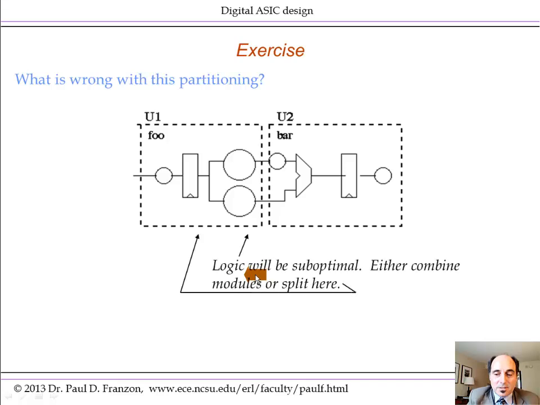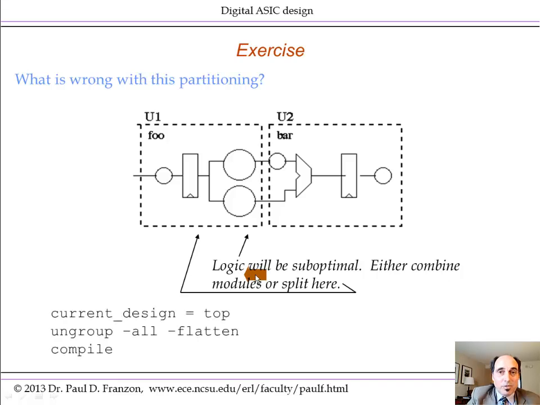Current design equals top, assuming these were instanced in top. Ungroup -all -flatten, compile. Ungroup -all -flatten just takes a hammer and flattens out all the hierarchy. The other place you might use ungroup -all -flatten is when you have a design where, within a module, replace -synthetic doesn't work, which occasionally it doesn't for some reason.